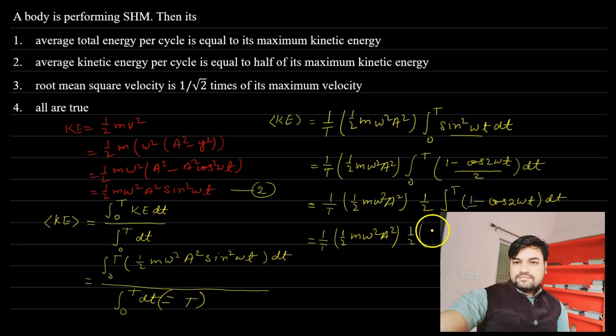First term will be calculated as T. Integration of 1 dt will become T, minus the integration from 0 to T of cos 2 omega t dt.